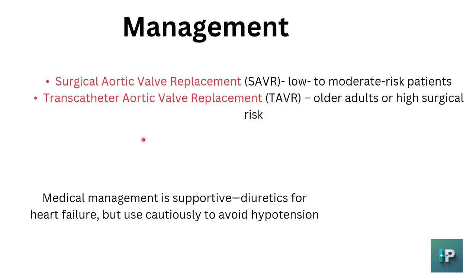So we can do it by catheter based management, like transcatheter aortic valve replacement, or it can be transcatheter aortic valve implantation, TAVI. And the medical management, which is supportive, is by diuretics or ACE inhibitors or ARB. But you should be cautious to avoid hypotension in this case.